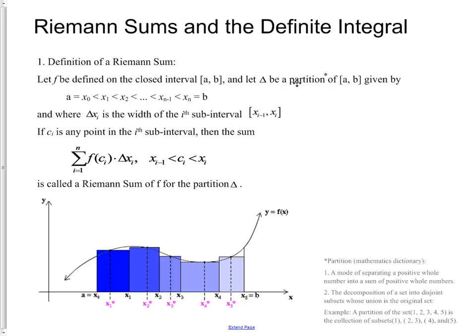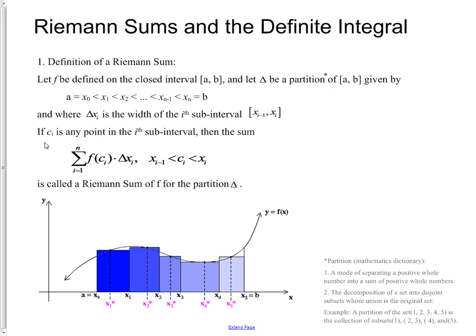Okay, so we've got this partition of A to B given by x0 being less than x1 being less than x2, all the way up to x of n being equal to b. And each delta x of i is the width of the ith subinterval, from x of i minus 1 to x of i.